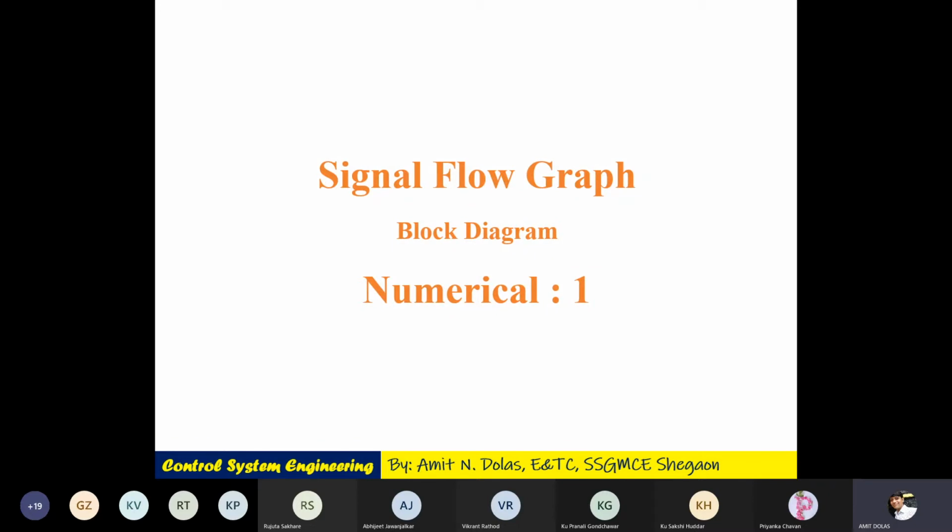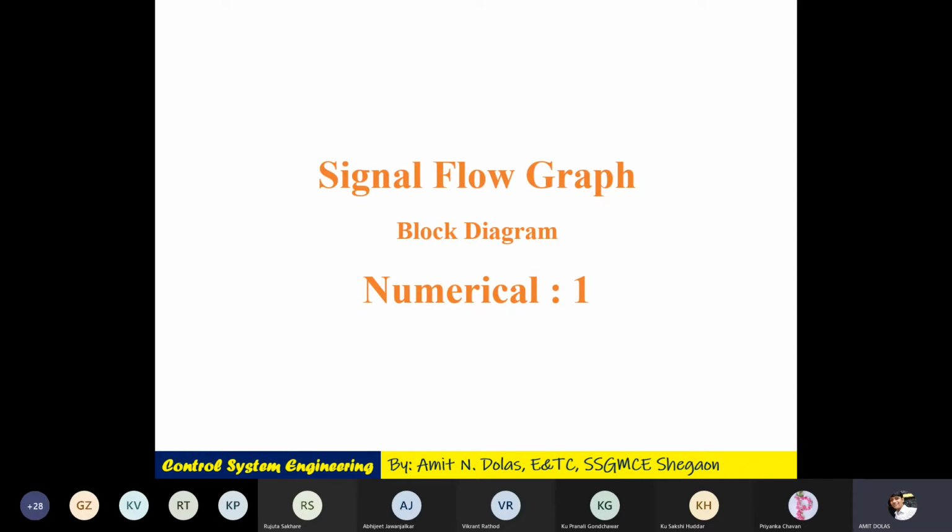In the previous lecture, we solved block diagram reduction numericals, as well as seen a new technique, that is signal flow graph. We have seen Mason's gain formula, and this signal flow graph does not require reduction rules.